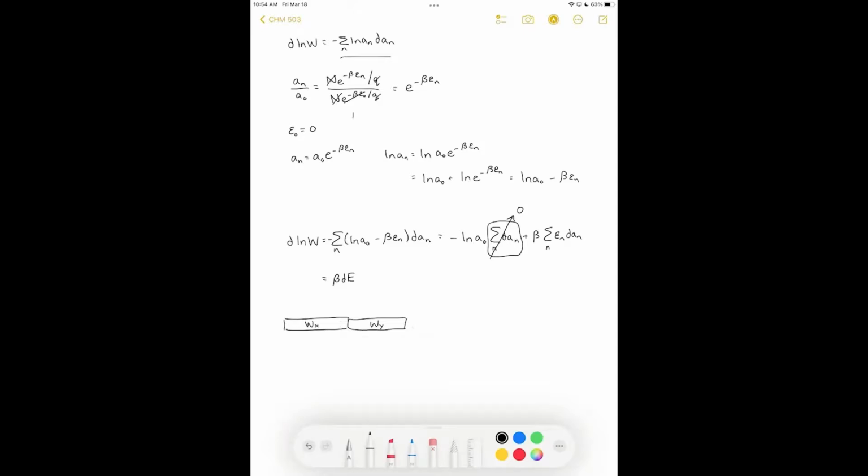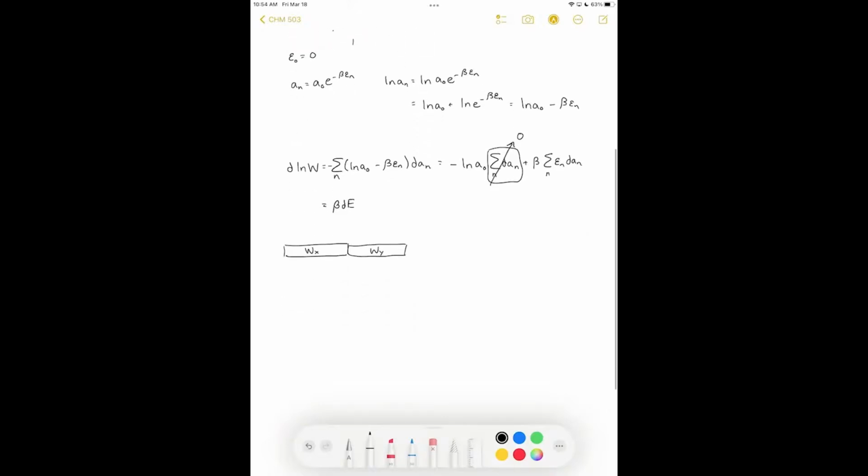Well, if they're not at the same temperature, we expect them to reach the same temperature. So they are changing in some way. Now, if they're changing, they're reaching a new equilibrium. What that means is that the product of these weights, so W_x times W_y, the new weight of the system as you bring it together, is changing. And if it's changing, it must be increasing.